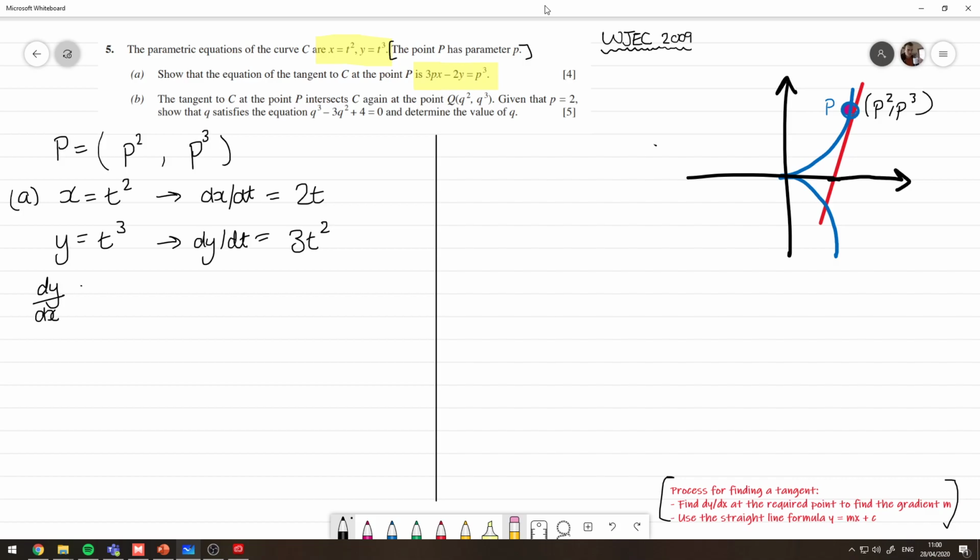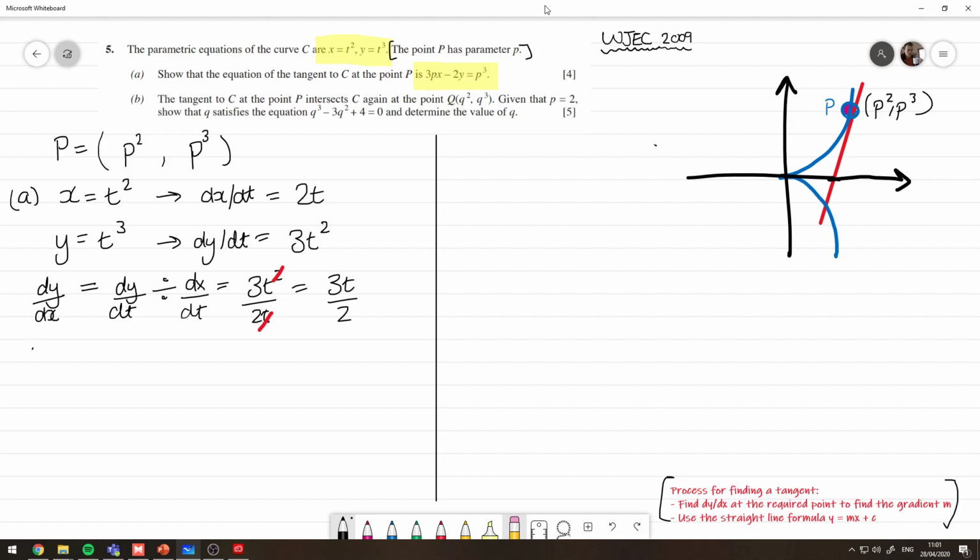If I want dy dx, I will divide one by the other there. So I can get dy dx by dividing dy dt by dx dt. So I'll have 3t squared divided by 2t, and one set of t's are going to cancel here. And I'm going to get 3t over 2.